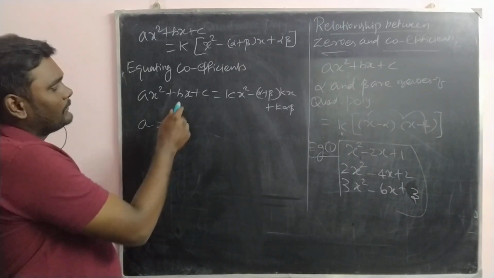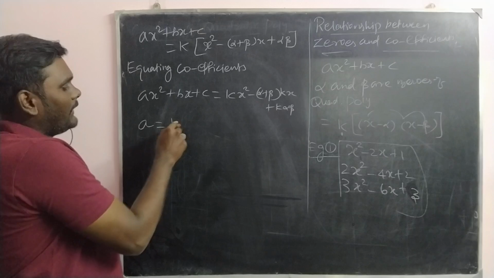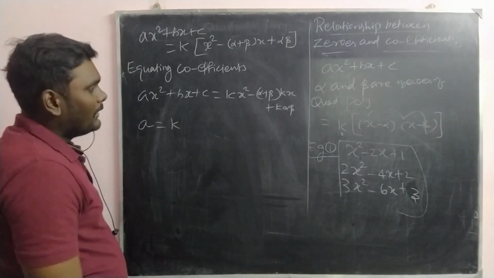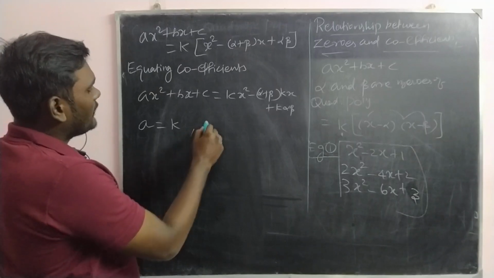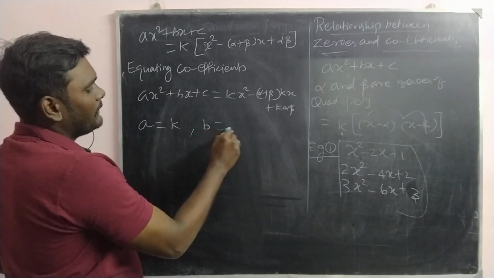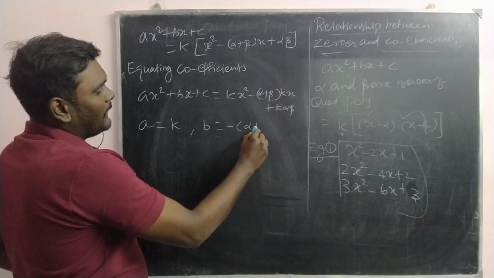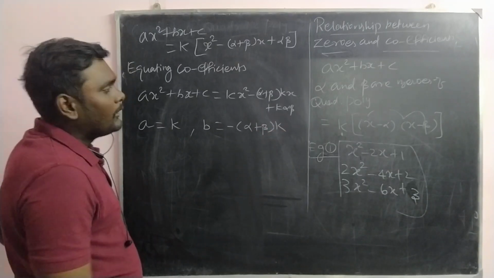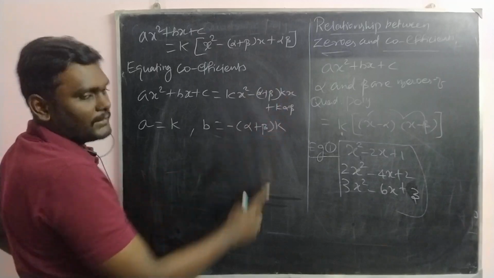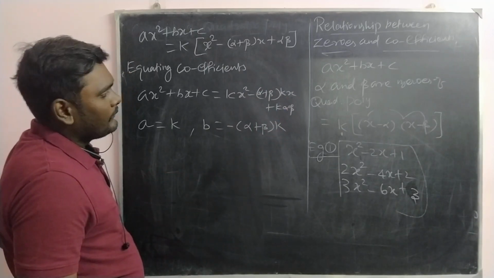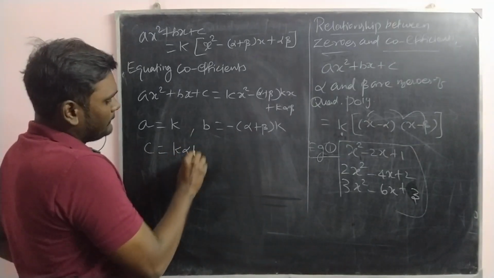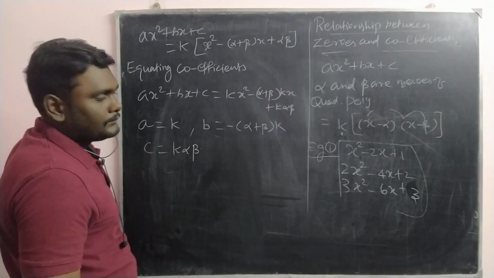That is equal to, their coefficient of x square is k. Got it? Likewise, here coefficient of x is b. That is equal to minus alpha plus beta into k. Correct? Coefficient means whoever accompanies x, except x we should say. Okay. Likewise, the value of c is k alpha beta. Got it?